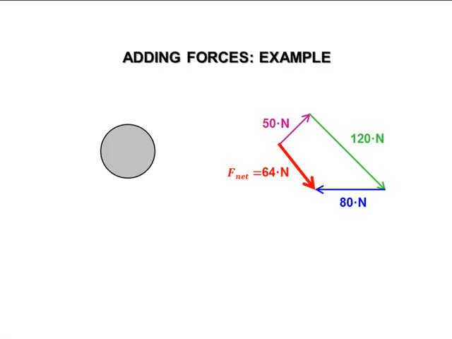So those 3 forces acting together would affect the ball in exactly the same way as a single force of 64 newtons pushing down and to the right. You could remove the 3 forces that you started with, replace them with just one single force equivalent to the net force, and you'd have exactly the same outcome. That's the idea of the net force.